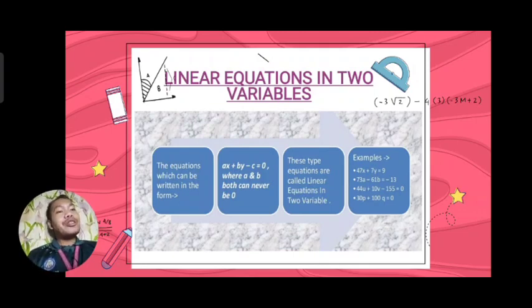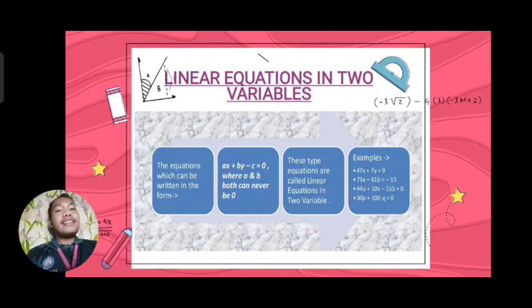So for examples, we have 47x plus 7y is equal to 9, and then 73a minus 61b is equal to negative 13, 44u plus 10v minus 155 is equal to 0, and then 30p plus 100q is equal to 0.